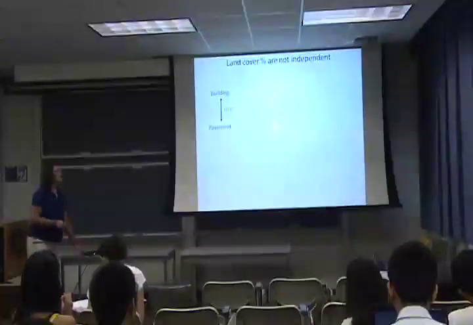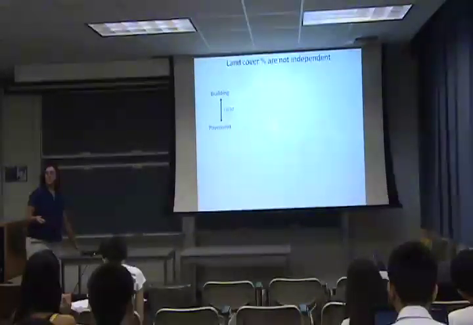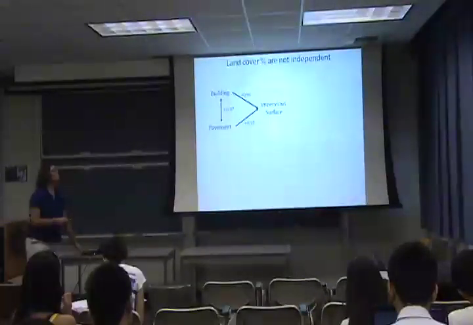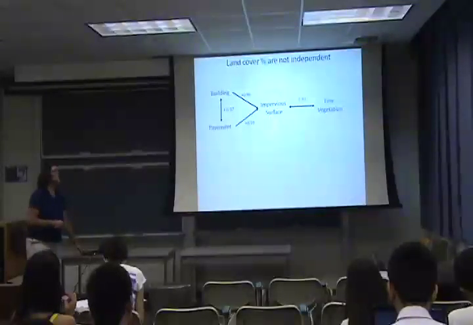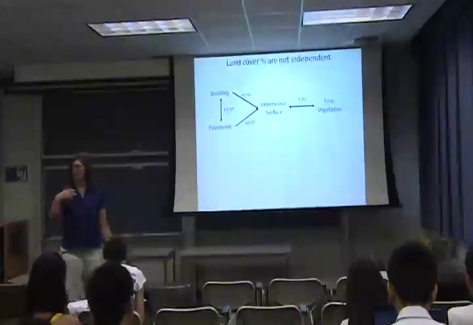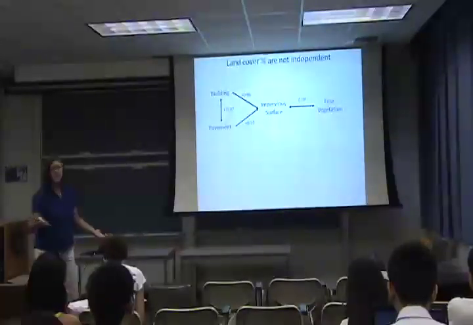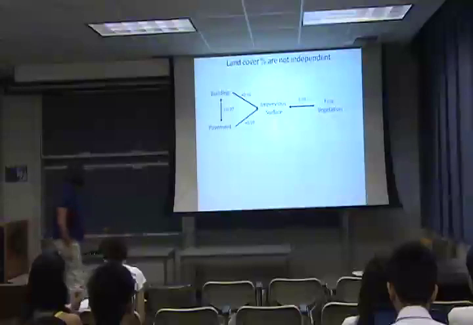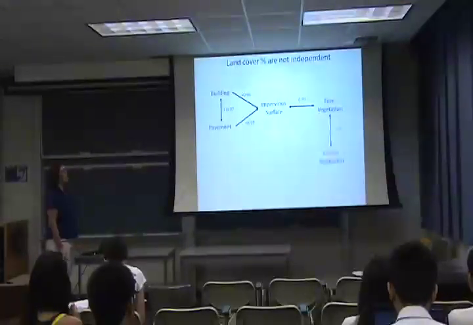So to do that, we know that building and pavement are highly related, not surprising, so we've lumped that into impervious surface, which is negatively related to fine vegetation. All that means is the more impervious surface you have, the less grass you tend to have. Okay? Not surprising. But you have to do this kind of stuff to be able to analyze your data correctly.